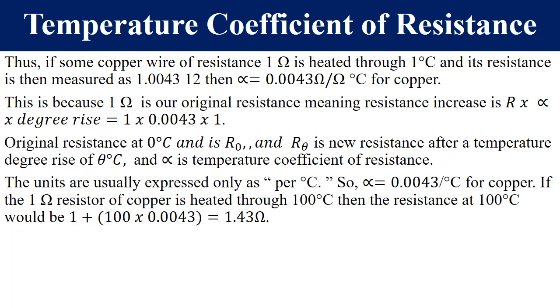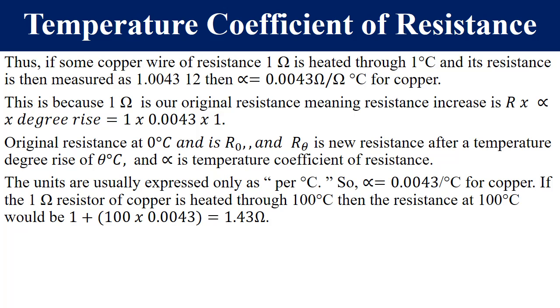So our alpha can be expressed as 0.0043 per degree Celsius, which means that at 0 degrees Celsius, we know what it is. It is the degree rise in temperature. We now have another scenario which we are given so that we can understand more.